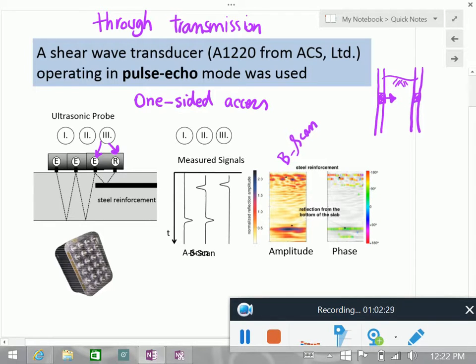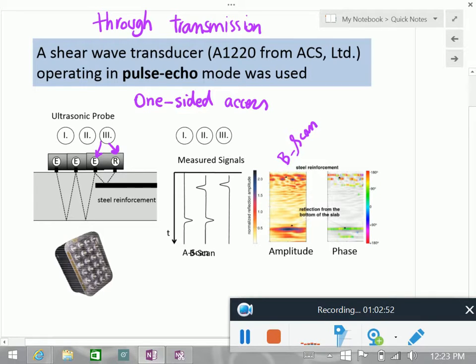This is very similar to true transmission, what you did in the lab. But most of the time, you don't want to do that. You want to do everything from the surface. So you have your sender and receiver on the surface in most geophysical applications, similar to this pulse echo technique.